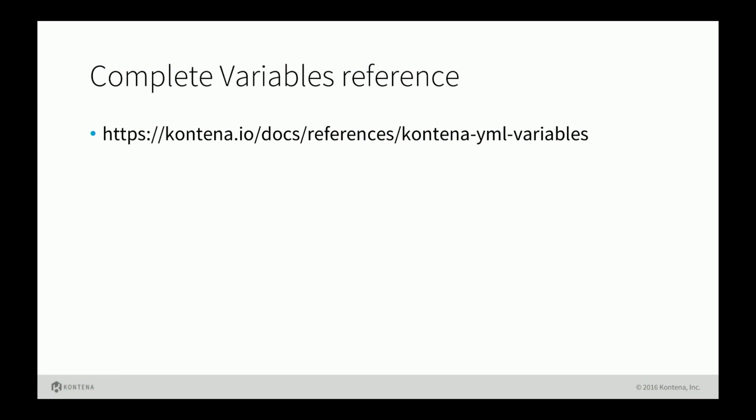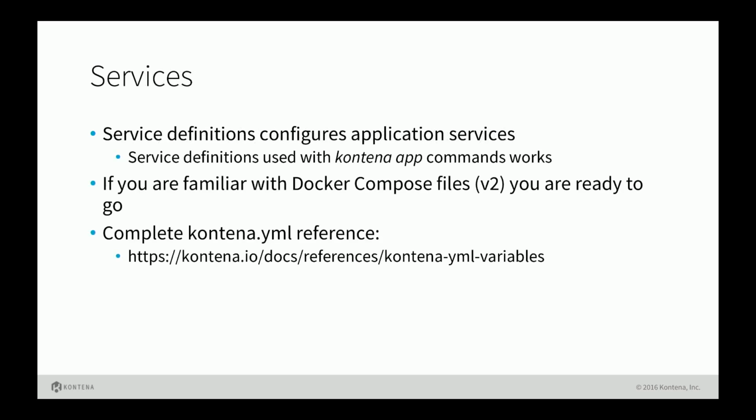You can find the complete variable reference from our documentation. There are multiple examples of how you can define variables and add some conditional logic and that kind of stuff. And then in stack files, you describe your application services.